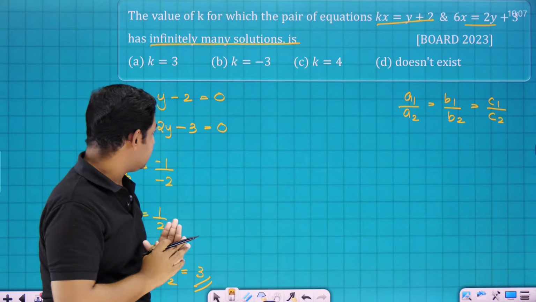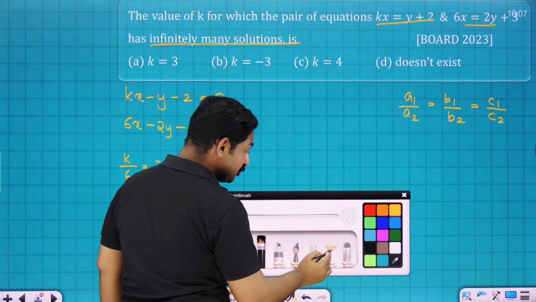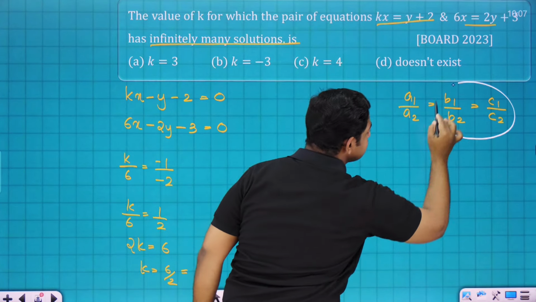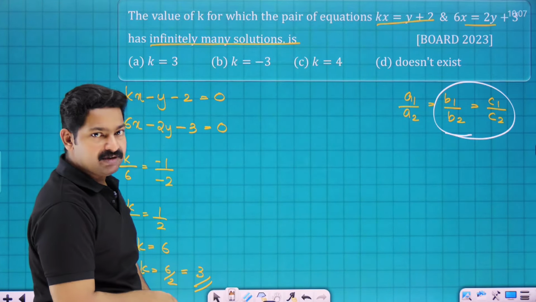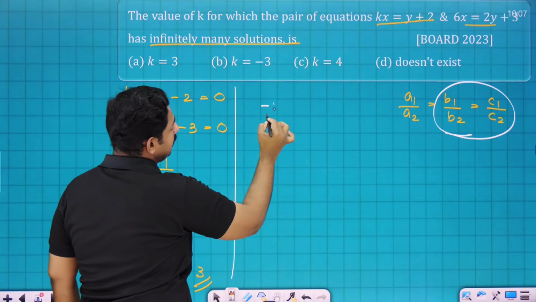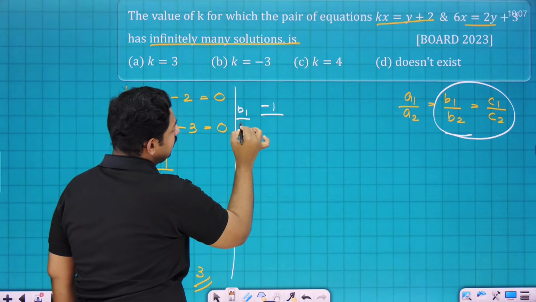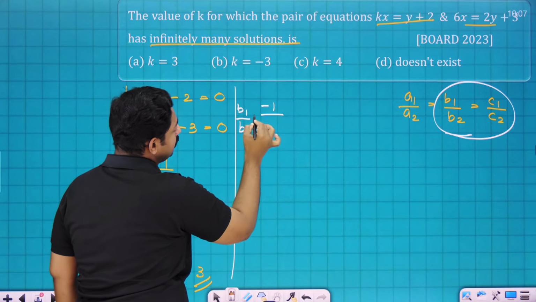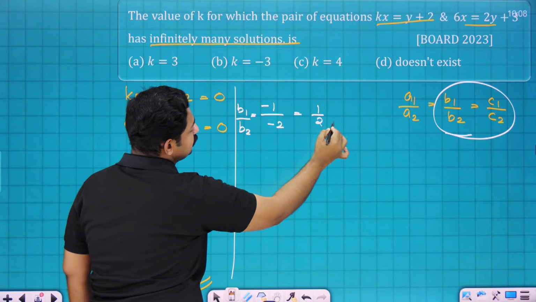But the thing is, if you check B1 by B2 equal to C1 by C2, you can see what is B1, minus 1, and what is B2, minus 2. So B1 by B2 is equal to minus 1 by minus 2, the ratio is 1 by 2.